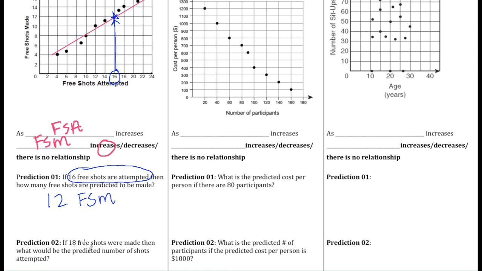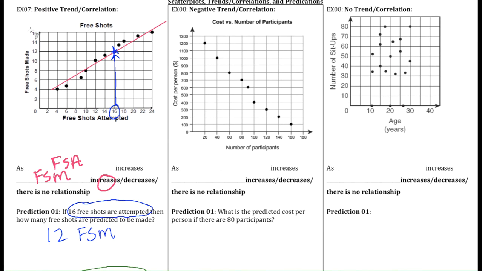And it says if 18 free shots were made, oh, this is different. 18 free shots were made. So let's go to 18 free shots made. Oh, that's right here, right? So I need to go this way. Oh, this is off the charts. So that's like 2, 4, 6, 8, kind of a 24.